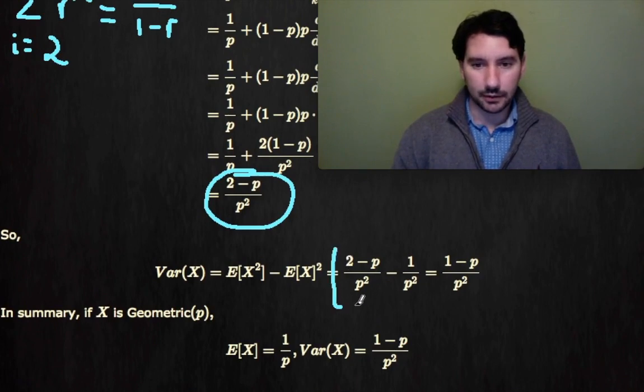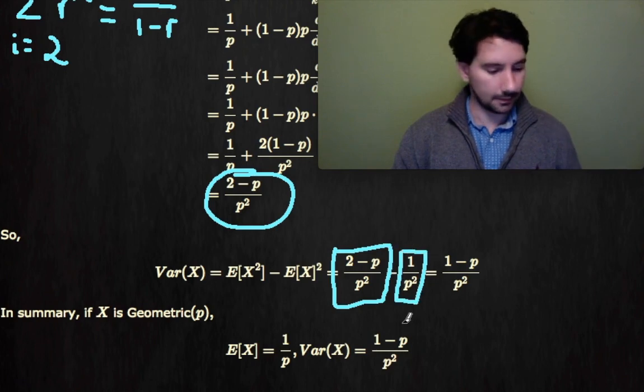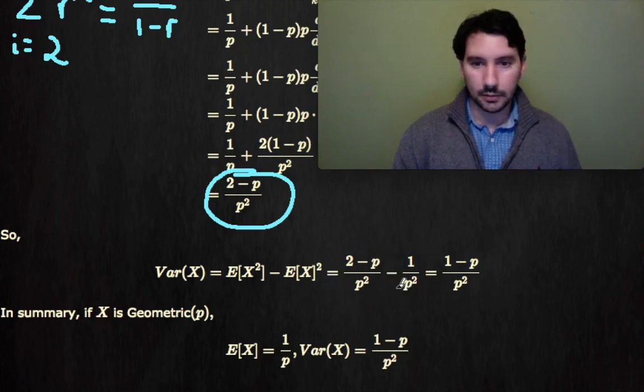So this is the expected value of x squared, and then the expected value of x was 1 over p, so we're subtracting 1 over p squared. They already have a common denominator, so we just need to subtract 1, and it's (1 minus p) over p squared. In other words, the probability of a failure divided by the probability of a success squared.